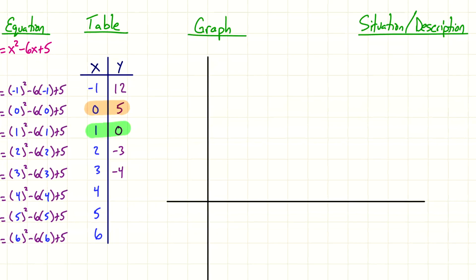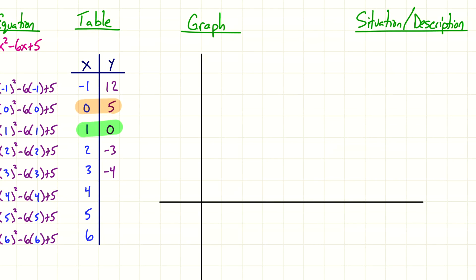And so let me switch over a little bit. I'm going to plot these points. Well, -1 is over here. 12 is way too high, so that one doesn't fit on my graph. But 0, 5 does. So I'm going to put 0, 5. If you draw your graph big enough, you might be able to plot -1, 12.